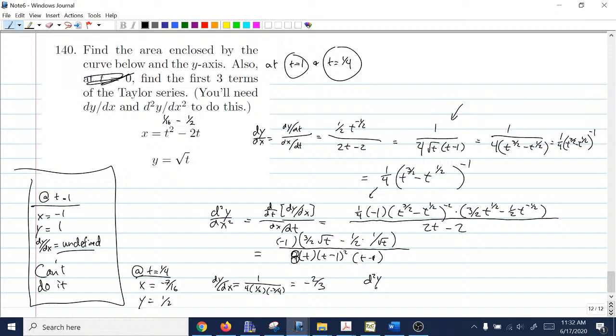And what is d squared y over dx squared? That is negative 1 times 3/2 of 1/4, or square root of a 4th is a half, minus half of 1 over square root of a 4th. Square root of a 4th is a half, and 1 over that is 2. On bottom I get 8 times a 4th, times negative 3/4 squared which is 9 over 16, times a 4th minus 1, which is negative 3/4.